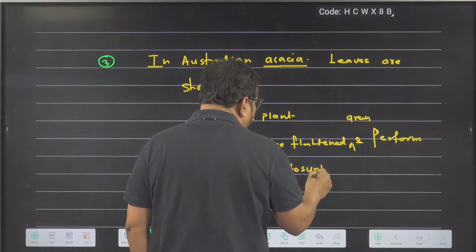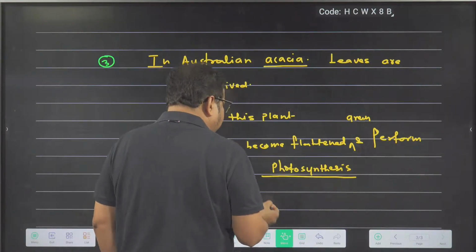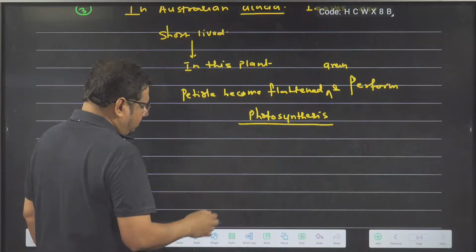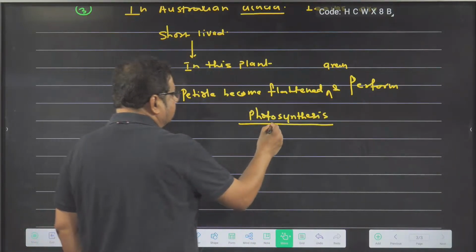So the petiole is performing the photosynthesis. Got the idea? The lamina part is not performing photosynthesis. That is short-lived. Getting the things or not? The petiole becomes green and performs the photosynthesis.